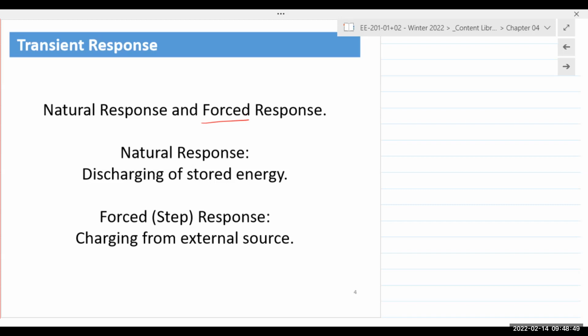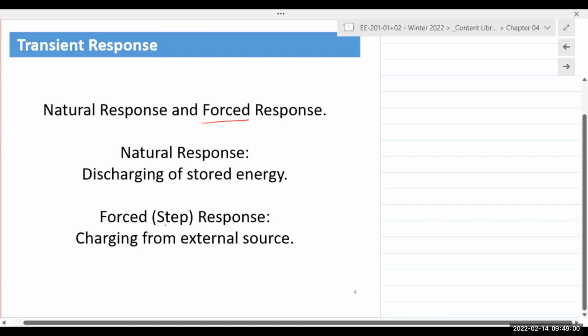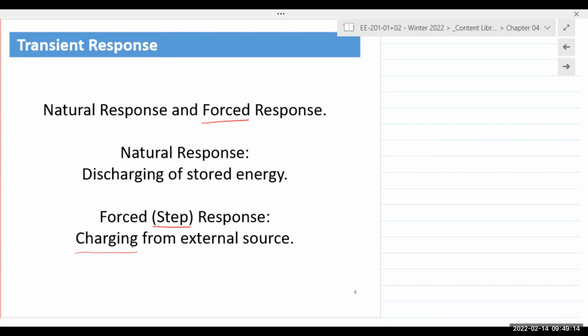They are in response to an external stimulation, like an external source. And hence it is known as a forced response. The other word to describe it is also a step response. Suffice to say, forced response is basically charging, and natural response is basically discharging, meaning there is no external source in there.